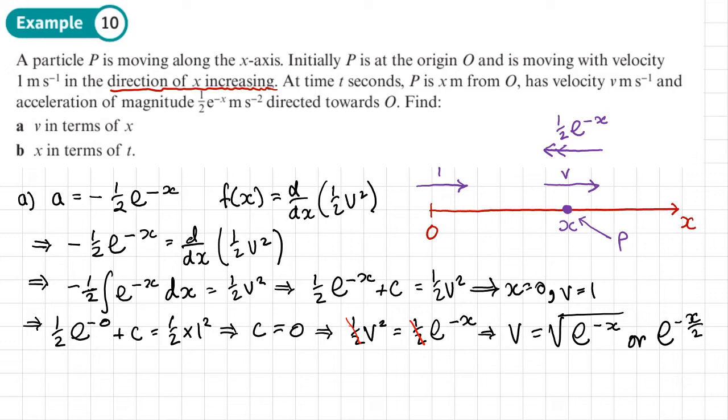Now move on to part B. Part B asks us to find x in terms of t. Here we'll use the fact that v is dx/dt. So I can take my part A answer, and instead of writing v equals, I can write dx/dt equals e to the minus x over 2.